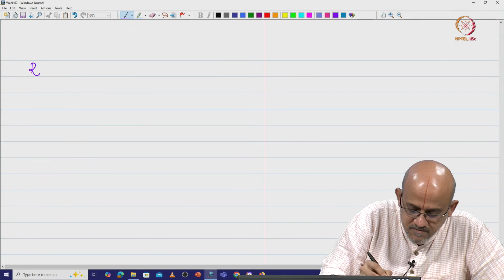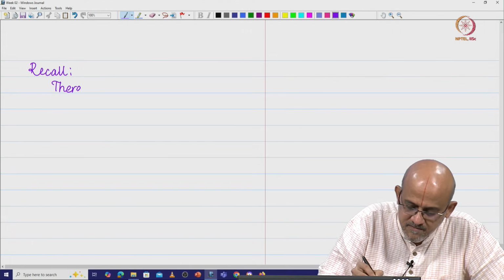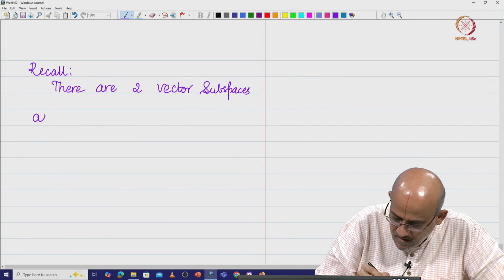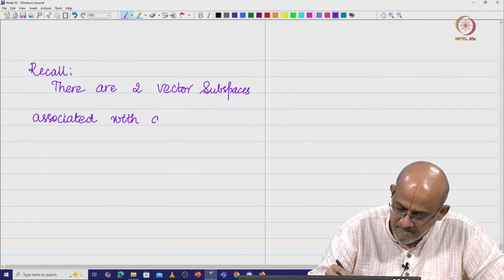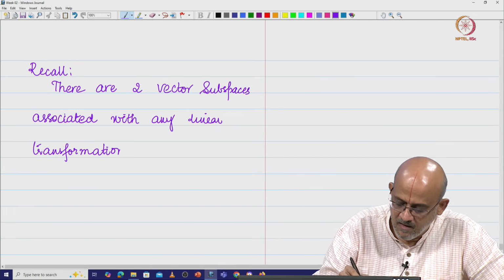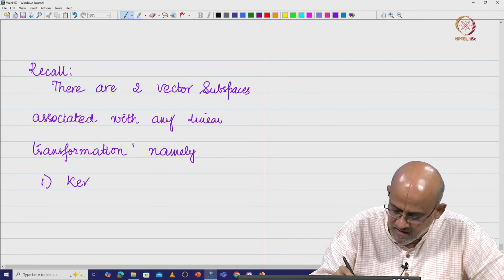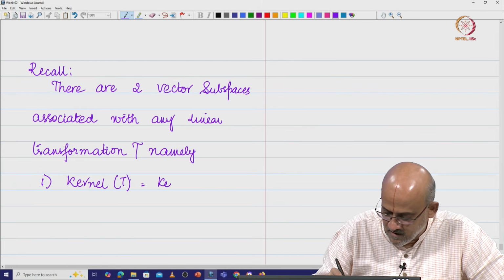So, recall, there are 2 vector subspaces associated with any linear transformation, namely the kernel of T, let us say for a linear transformation T, which is basically denoted as this.